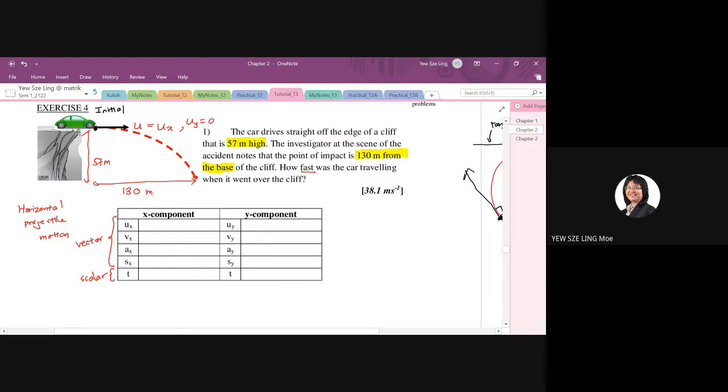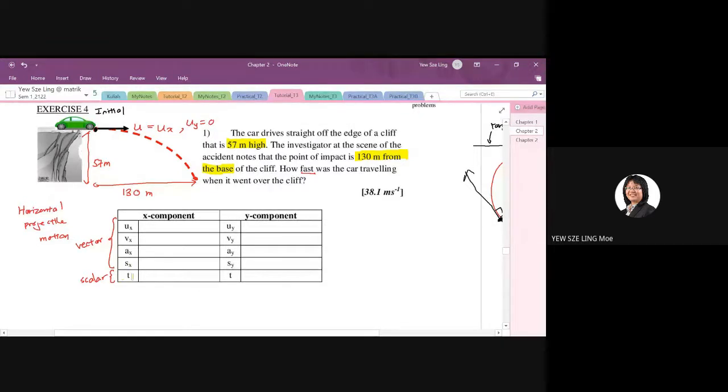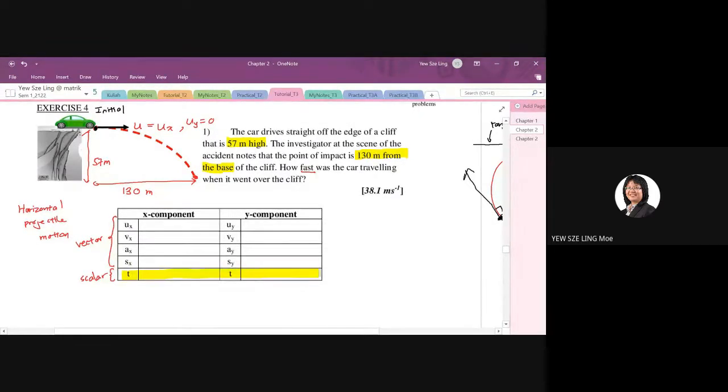But when it comes to a scalar quantity, this information can be shared between the x and y components. Which means if you find t by using the x component, this t can actually be used for the y component. They share the same value, but that is just for time because it is a scalar quantity.